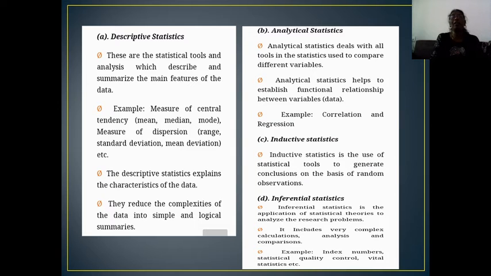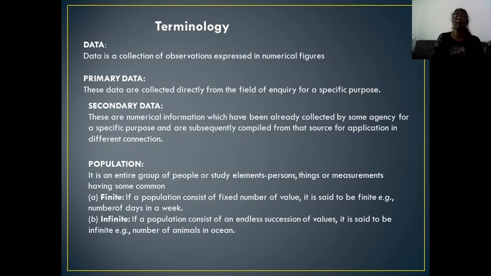For example, index numbers, statistical quality control, vital statistics, etc. Out of these four types of statistics, in our syllabus, descriptive statistics means central tendency and measures of dispersion. These two points are included, as well as correlation from analytical statistics.